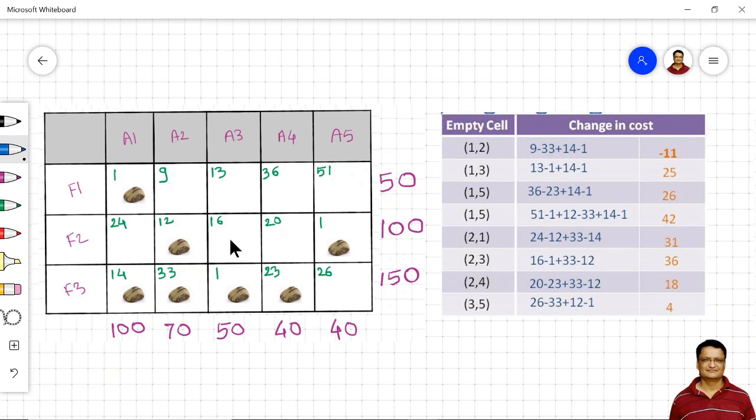For this cell, again there will be a very small loop like this, and it will have values of plus 16, minus 1, plus 33, minus 12, and that is equal to 36. For the next cell, the loop will be like this. So plus 20, minus 23, plus 33, minus 12, and the value is 18.